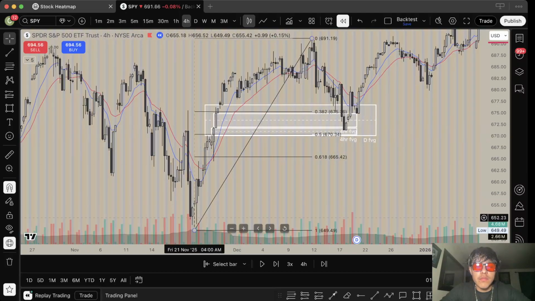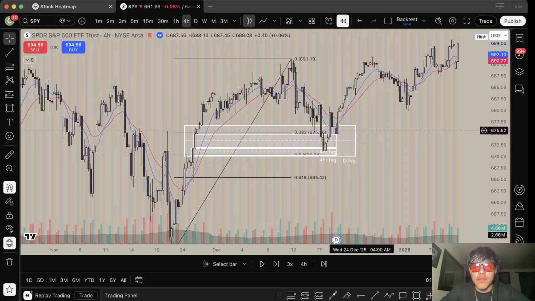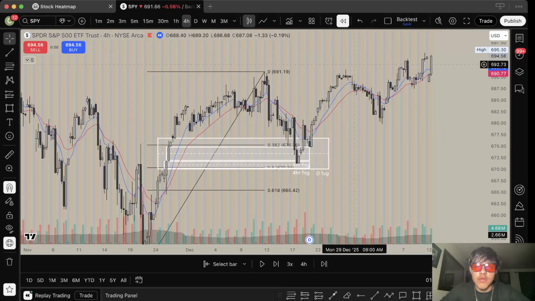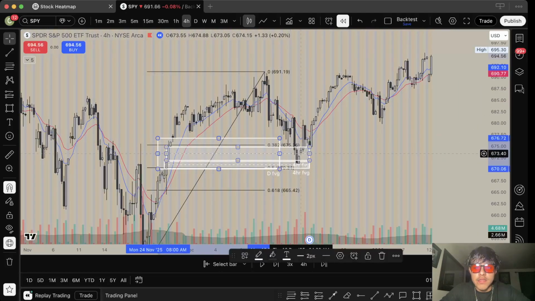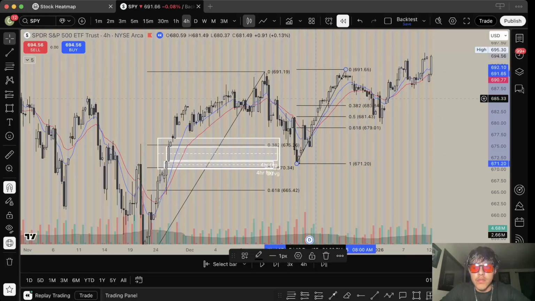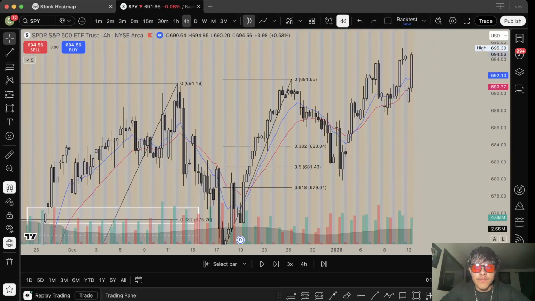And what happens after the move? Price comes back down, taps into one of these that are closer to the halfway, to the equilibrium, and we just continue the trend, continue going higher. Then we can see again from this move all the way up here, we make a big move, and what happens?